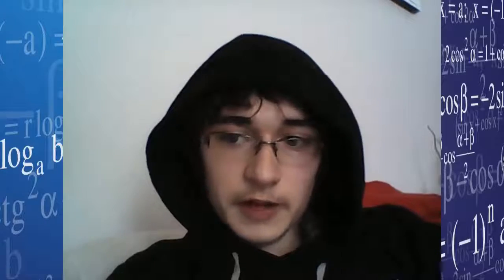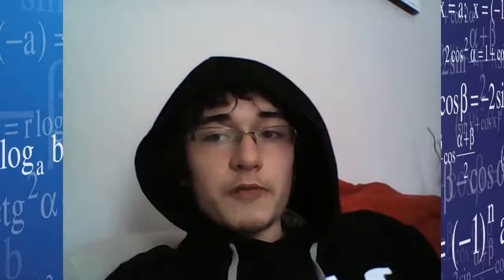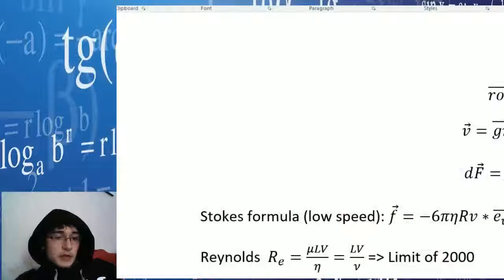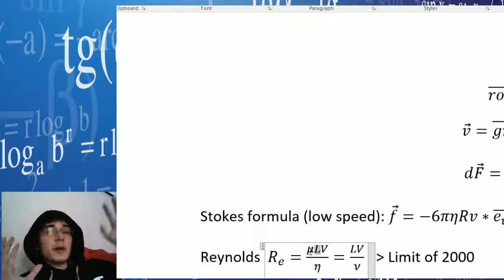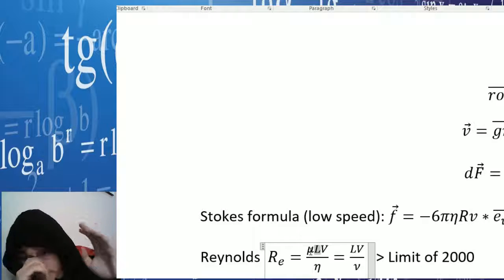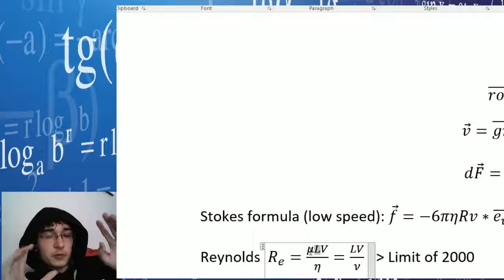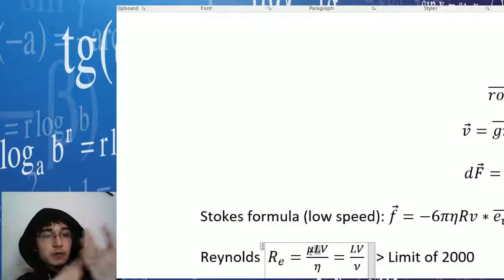Okay, let's go back. The number of Reynolds is defined like this: RE equals mu LV divided by eta, where mu is the volumic mass, eta the dynamic viscosity. What's L and V? L is the approximation that you give of the length of the surface that touches the thing that you consider.